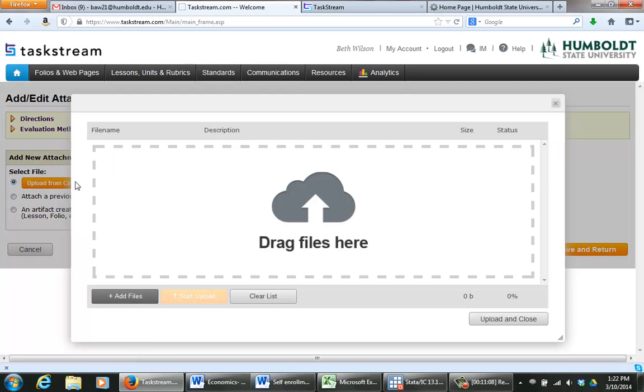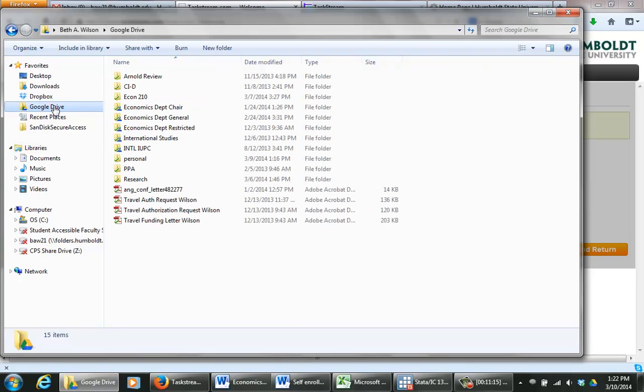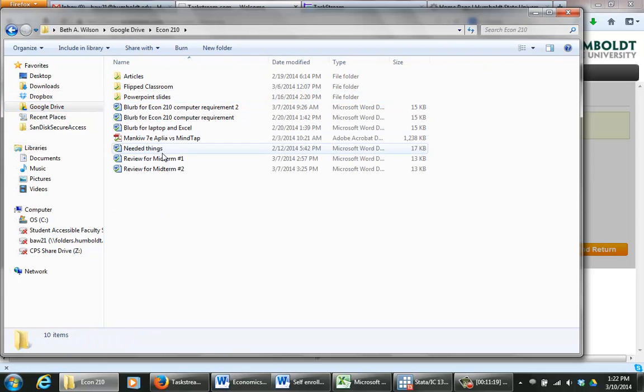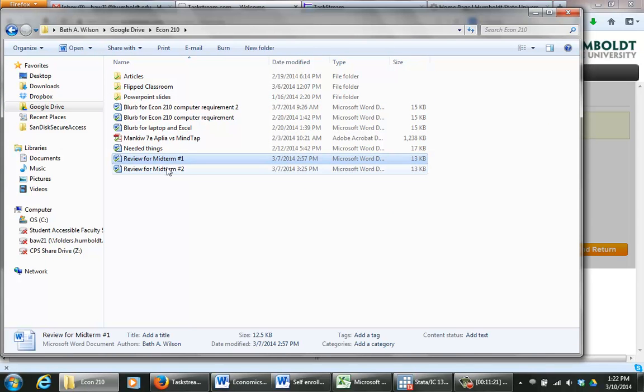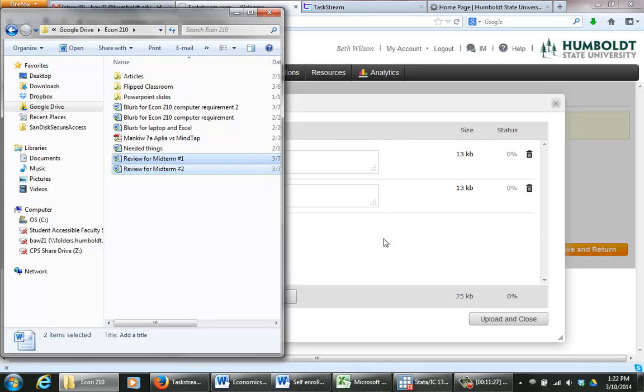And I can do this in 2 ways. I can go into Windows Explorer and I can find my documents, find what I'm looking for. In this case, I'm looking for Review 1 and Review 2, and I can just take them and drag them right here. All right.